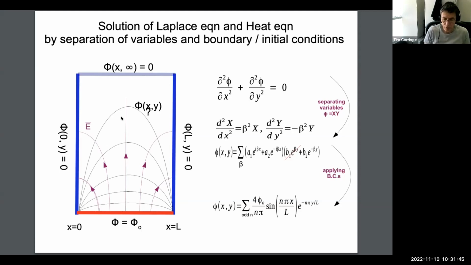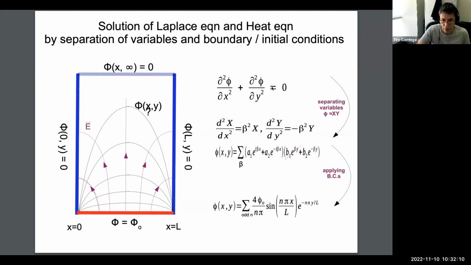Then we would work with the general solution to those differential equations, and we would tailor that general solution to the specific boundary conditions of our problem. So let me just, on the right-hand side here, walk through those steps.